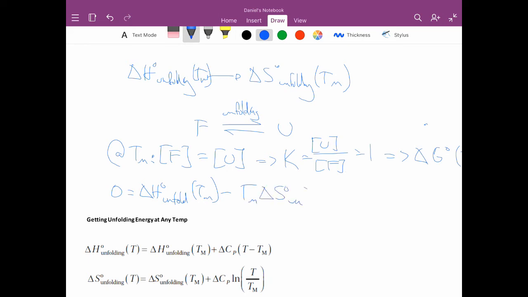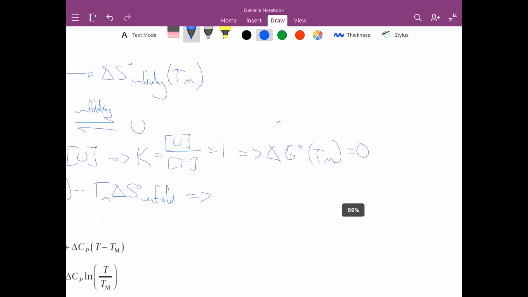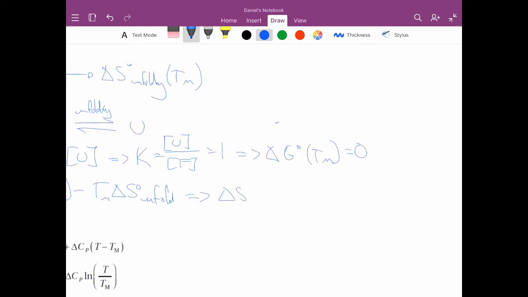And then we get the relationship between the two, and we can find out that the entropy change of unfolding at the melting temperature, important, is equal to the enthalpy change of unfolding, which we got from the differential scanning calorimetry experiment, divided by the Tm. So this is also at Tm.